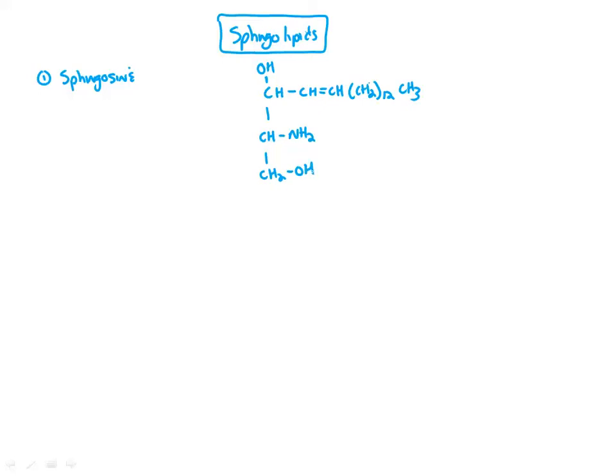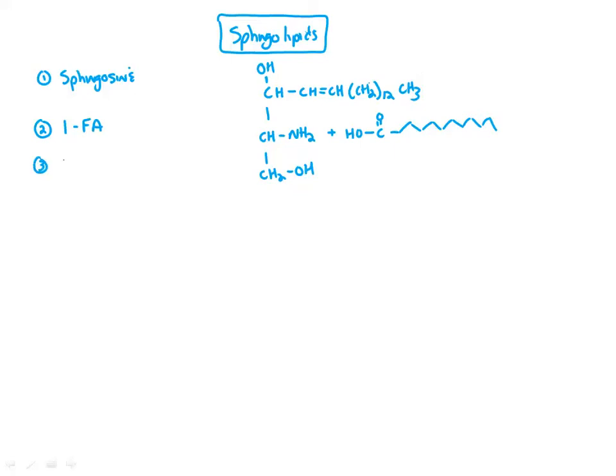So instead of using glycerol as our backbone, we're going to use sphingosine as our backbone. And then, of course, we can have one fatty acid attached. And so, for instance, here's where we would put our fatty acid. And so notice, because sphingosine has that built-in top alkane part as part of the molecule itself, we only have one fatty acid in a sphingolipid instead of two.